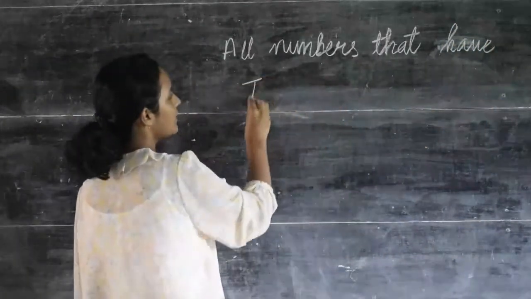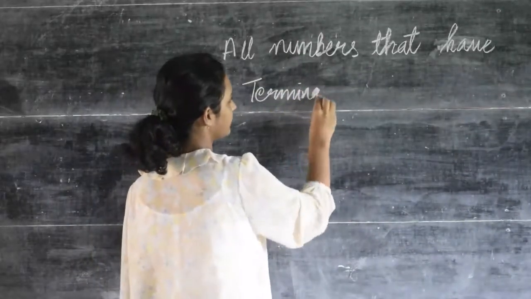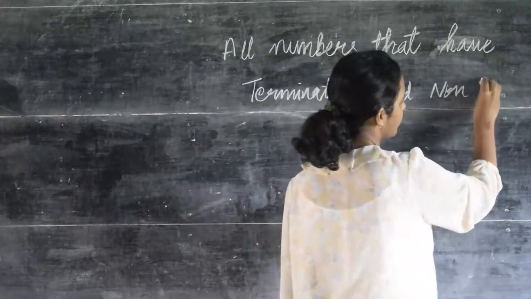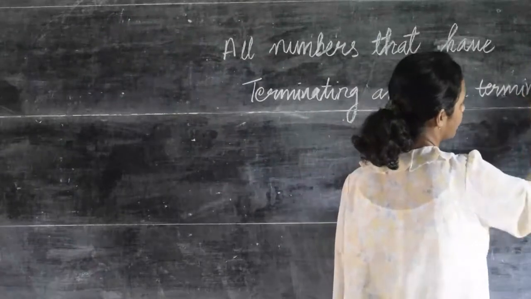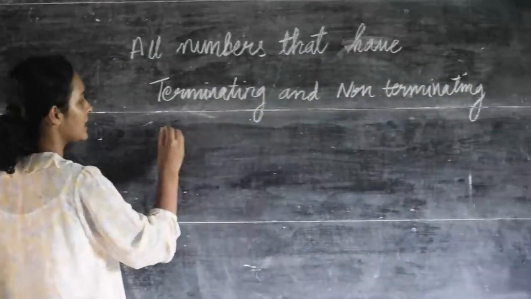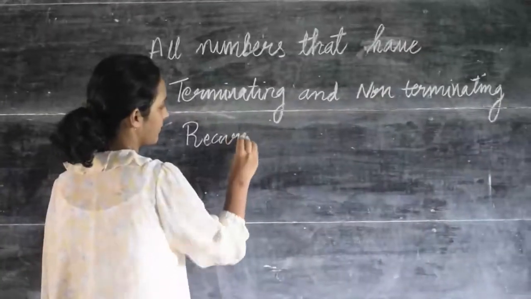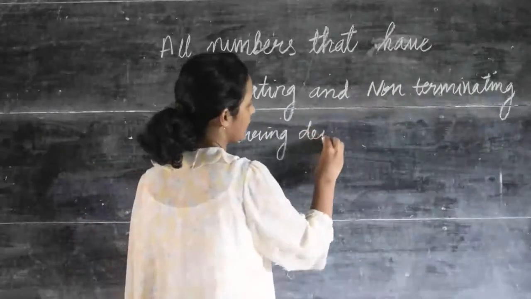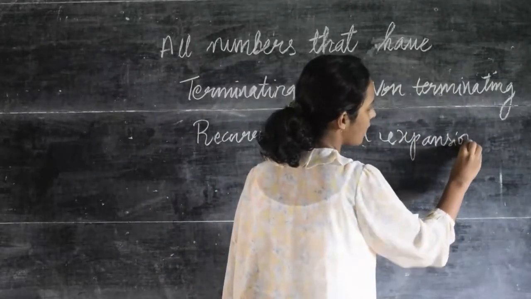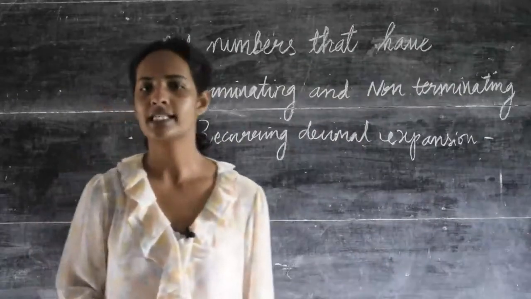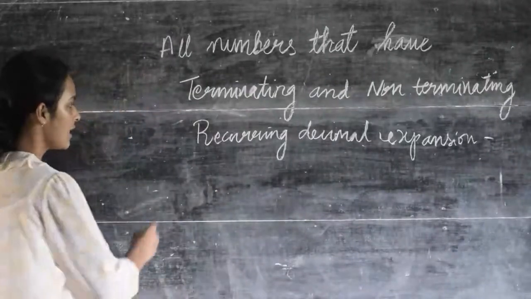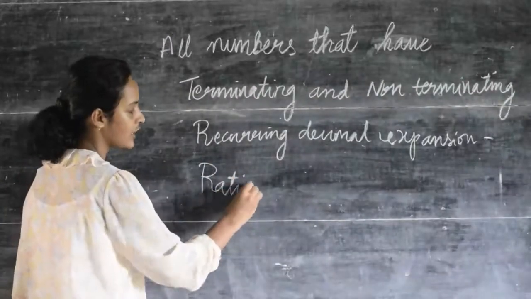All numbers that have terminating and non-terminating recurring decimal expansion are called rational numbers.